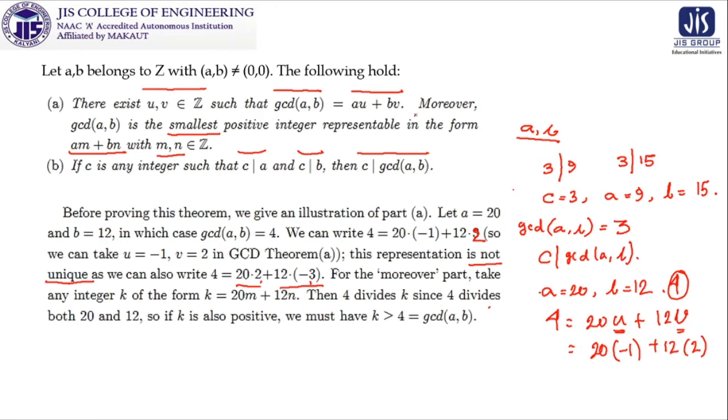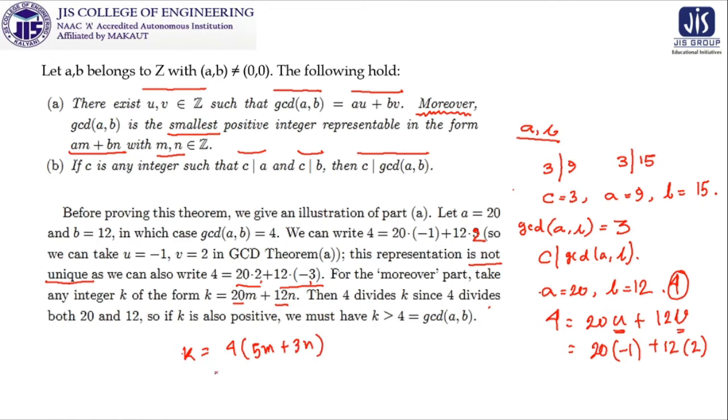Moreover, from this example we can see that if we take any integer k of the form k is equal to 20m plus 12n. Why? Because 20u plus 12v gives you 4, which is the smallest positive integer representable in this form. So we are taking all possible 20m plus 12n, but 20 is divisible by 4 and 12 is divisible by 4, so we can write k as 4 into 5m plus 3n.